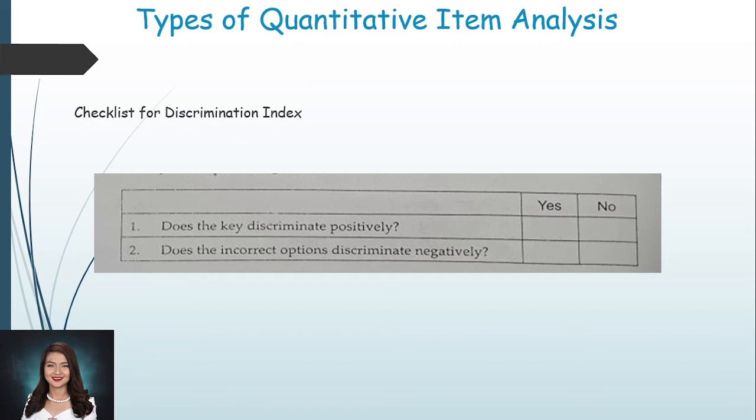The response would be yes or no. Then next, do the incorrect options discriminate negatively? If the answers to questions 1 and 2 are both yes, you can retain the item. If the answers to questions 1 and 2 are either yes or no, you need to revise the item. Then if the answers to questions 1 and 2 are both no, you need to eliminate or reject the item.